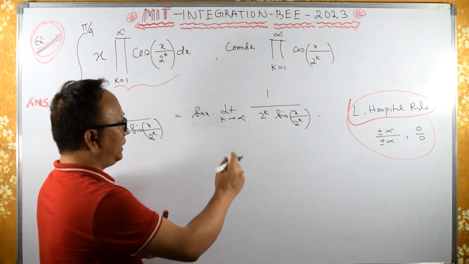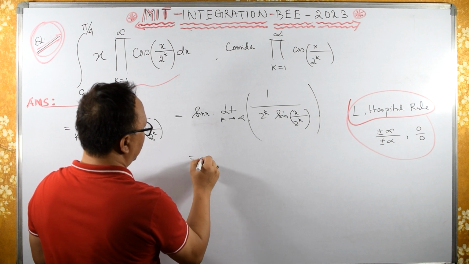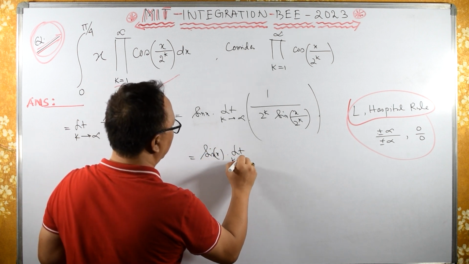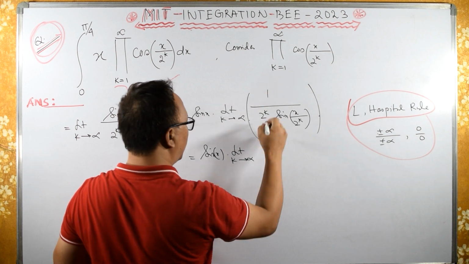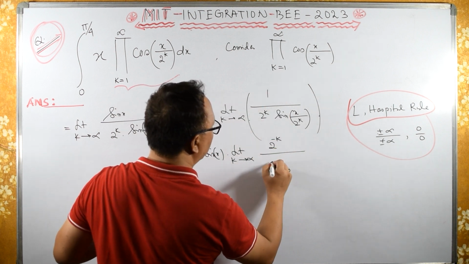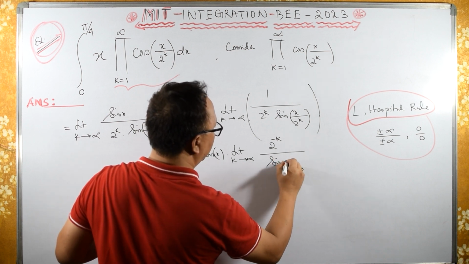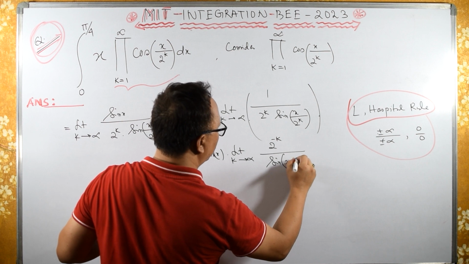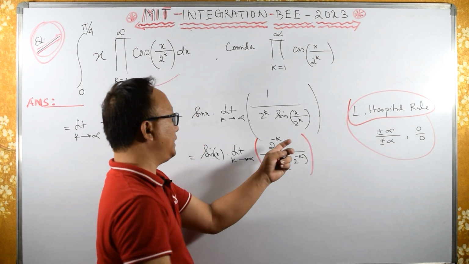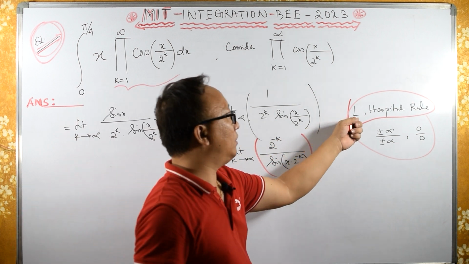So instead, I can bring this up: limit as k tends to infinity, this is the same as 2 raised to minus k upon sin of x. I can write it like this also, 2 raised to minus k. So now it is of the form 0 by 0 already.